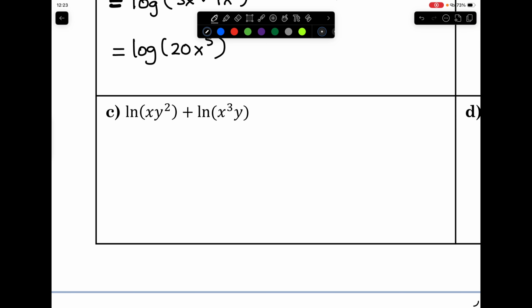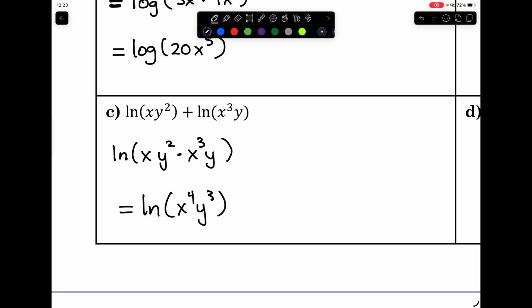So for this example here, again, these are the same logs, natural logs. So I can condense this to one natural log by multiplying x to the first, y to the second with x to the third and y to the first. So this is going to become x to the fourth and y to the third.